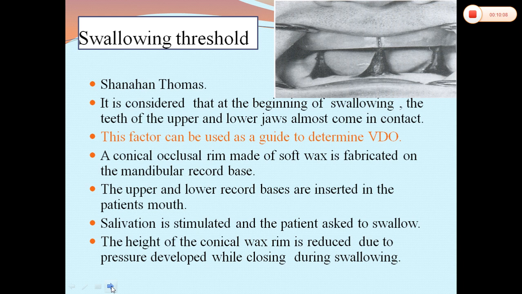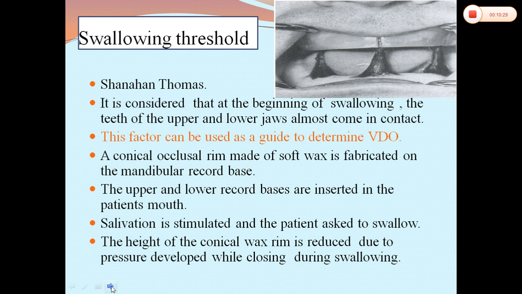Swallowing threshold. Shanahan and Thomas considered that at the beginning of swallowing, the teeth of the upper and lower jaws almost come in contact. This factor can be used as a guide to determine vertical dimension at occlusion.